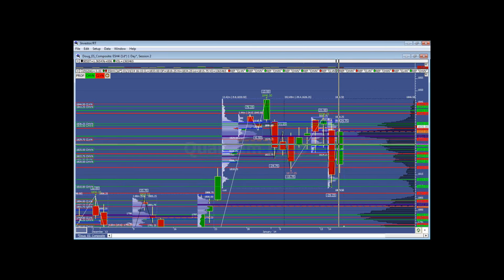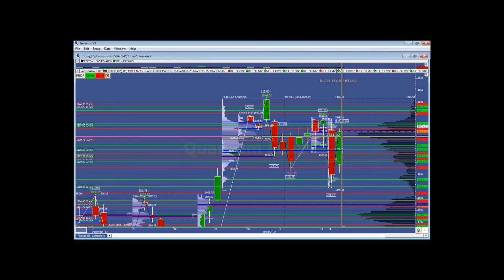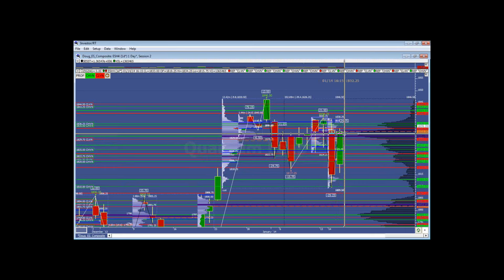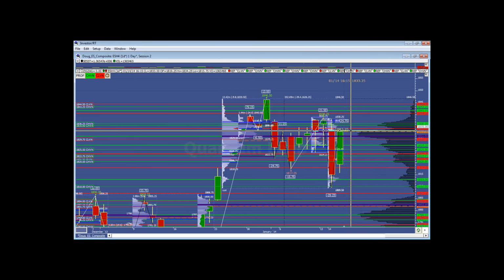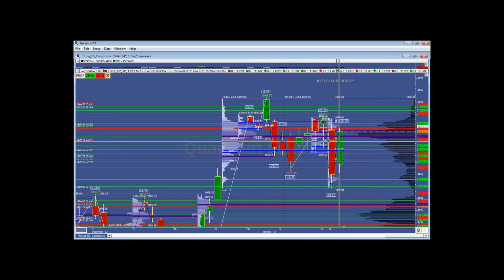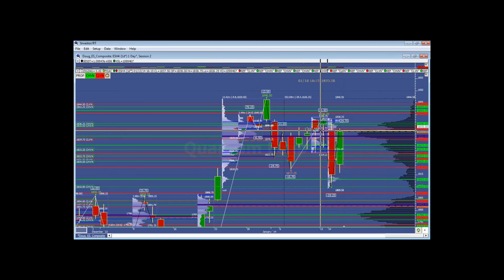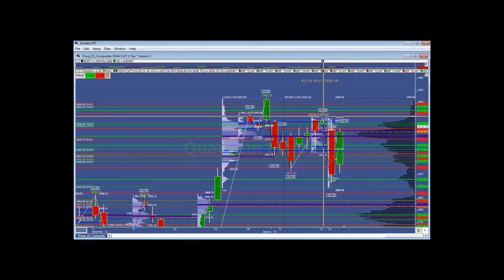It didn't shift until we got back up to 31, and then they started distributing between 31 and 33, and you can see that the overall price acceptance for just the 2 days is basically in line with where they were trying to hold prior to failing to break out of that balance again.